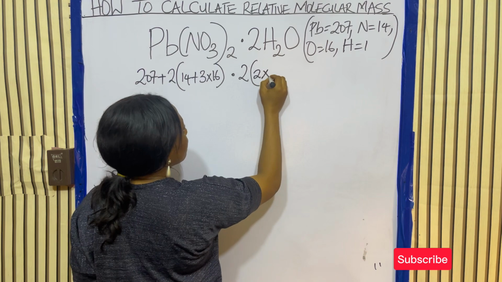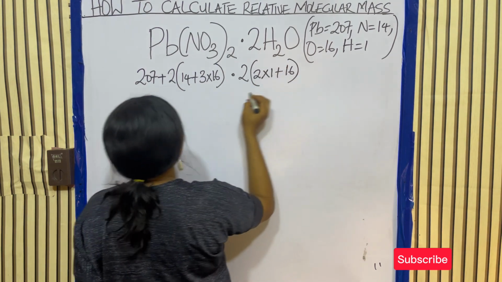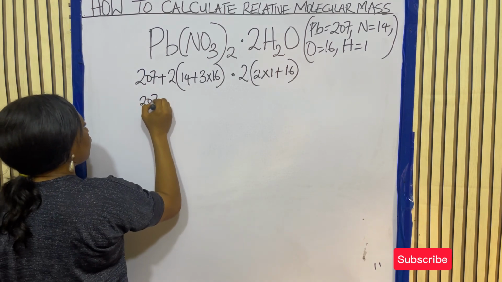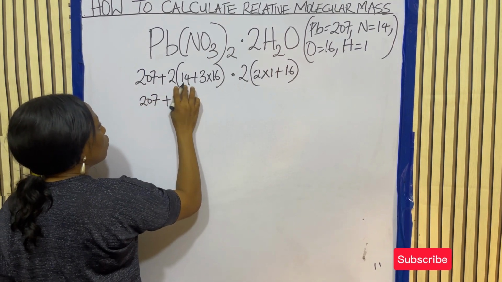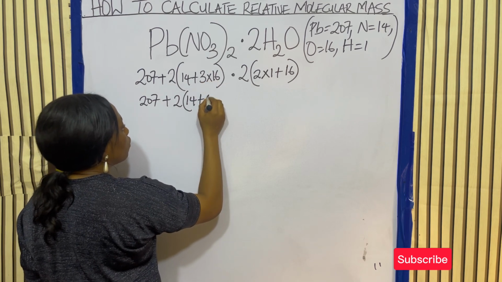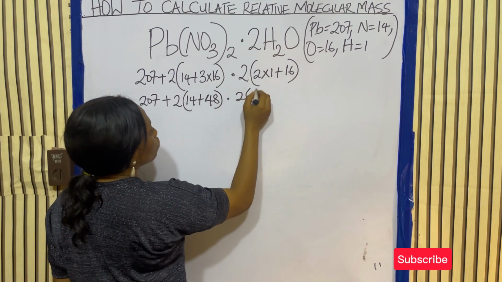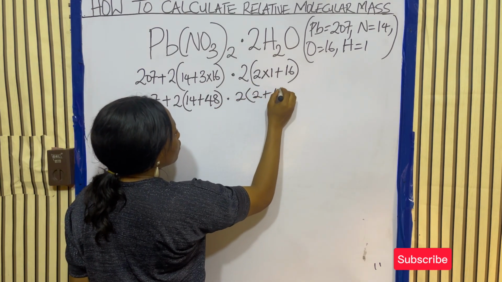So 2 times hydrogen is 1 plus oxygen is 16. So we have that 207 plus 2 into 14 plus 30. This times this will give us what? Will give us 48 into 2. 2 times 1, 2 plus 16.